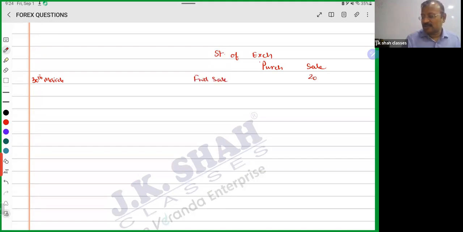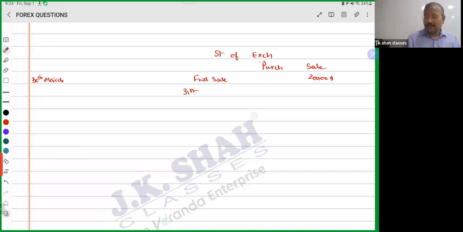Let's say $20,000. Right? Now, 31st March is the closing. Now, 31st March, when you close out this statement of exchange, wouldn't this statement show an oversold balance? What do you mean by oversold? You have sold more than what you have. Or overbought, you have purchased more than what you sold. Right now on 31st March, what will this show? Oversold.